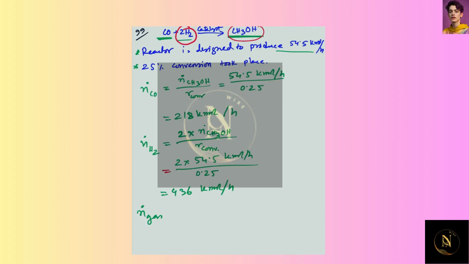Therefore, the total amount of gas fed into the reactor is 218 plus 436 kilomole per hour, or 654 kilomole per hour.